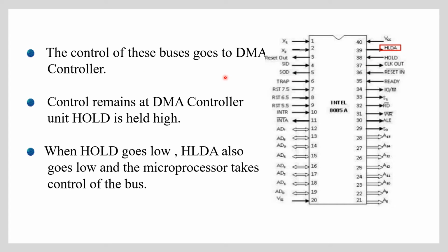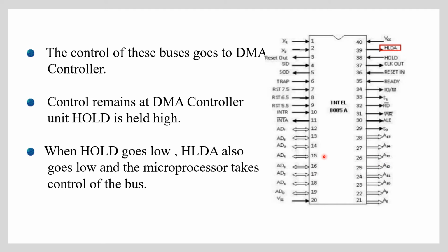The control of these buses goes to the DMA controller once the microprocessor releases it. The control remains with the DMA until the hold pin is high. When the hold goes low, the HLDA also goes low and the microprocessor takes control of the buses.